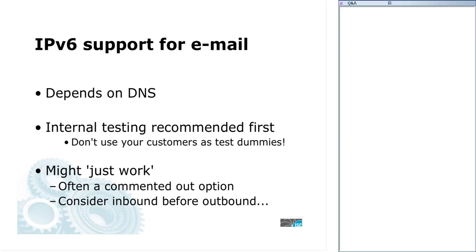So if you are ready to be supplying IPv6 transport for email services for inbound, all you need to do is provide the IPv6 address as an additional record for the address of your MX, and magically it will start working.